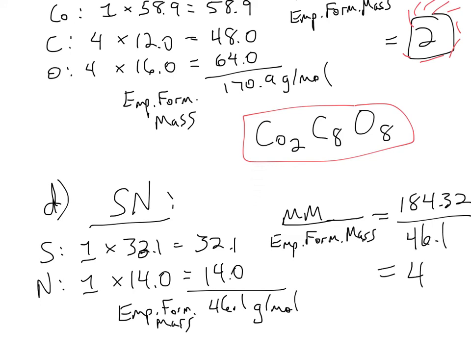On your calculator, if you type that out, you'll get a whole number ratio that's really, really close to 4. So that means take the implied subscripts in the empirical formula and quadruple them to arrive at the molecular formula. So, oops, it's S4N4.